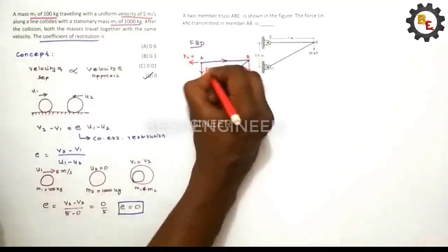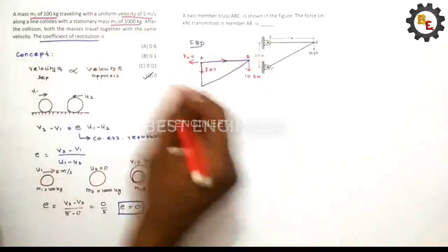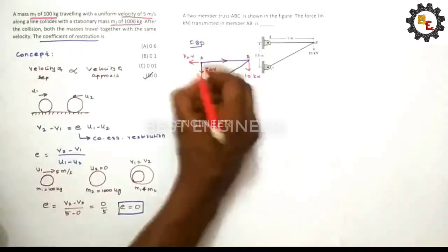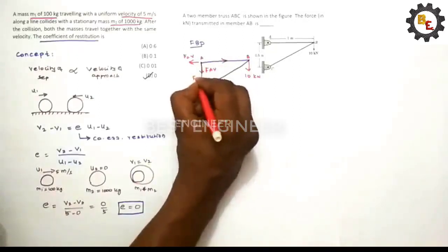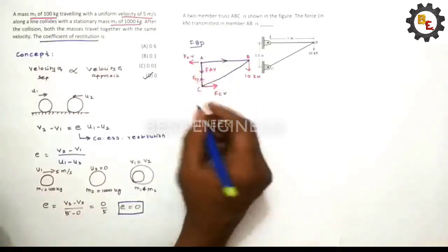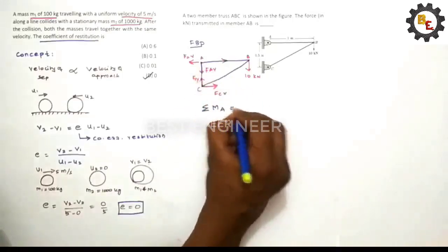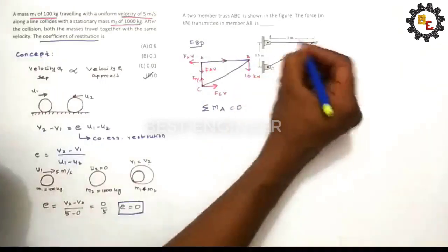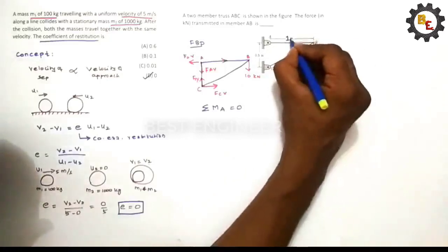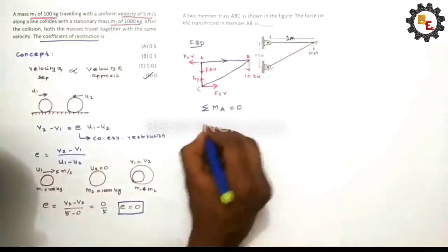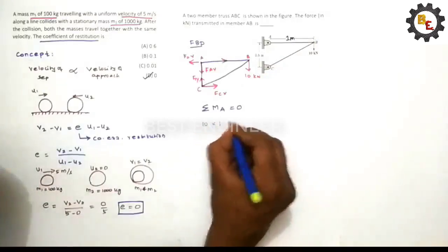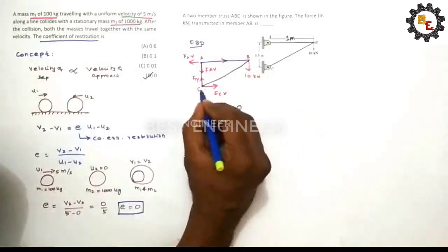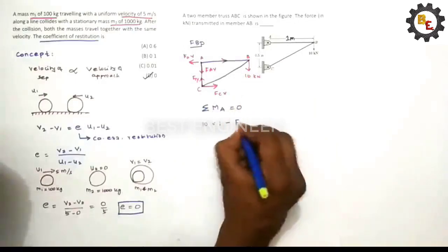FAX, FAY. At this end, the forces will act like this, FCX, FCY. Now take the moment about point A, summation of moment equal to 0. 10 kilonewton into 1 meter, in the clockwise direction, minus FCX into 0.5.